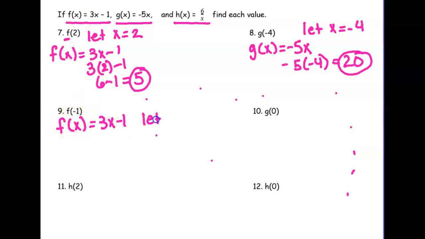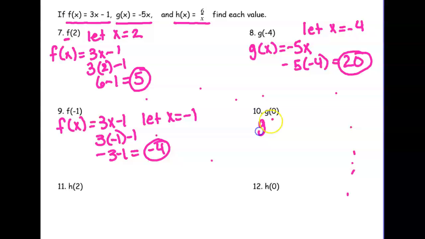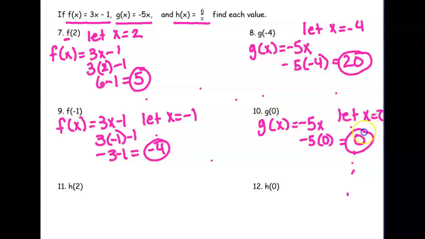We let our x be equal to negative 1 and plug it in, and that's equal to negative 4. And then g of 0, now we're bouncing back to the g function. We let x be 0, so negative 5 times 0 is just 0.